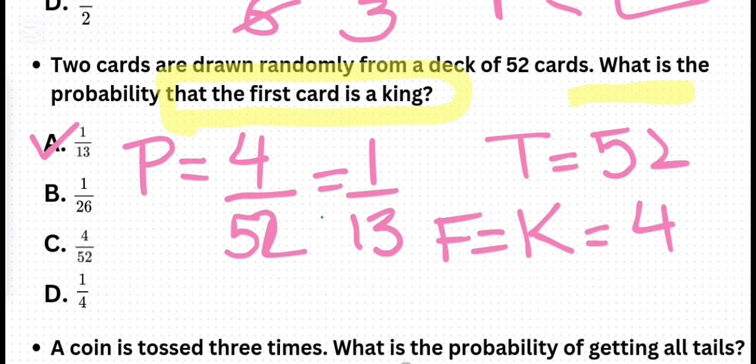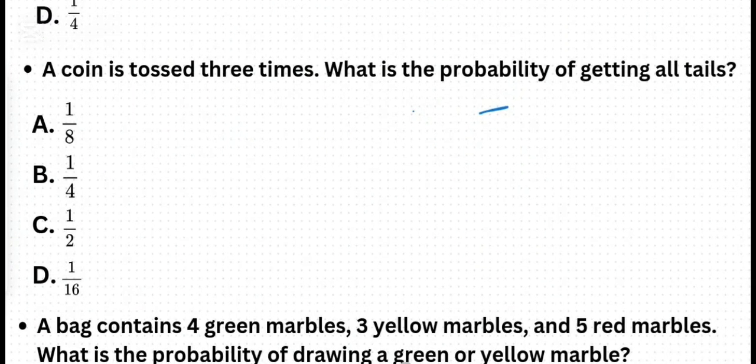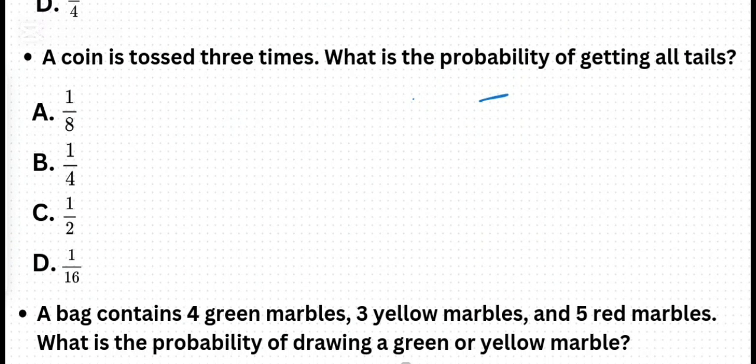Now the next question is, a coin is tossed 3 times, right? What is the probability of getting all tails?